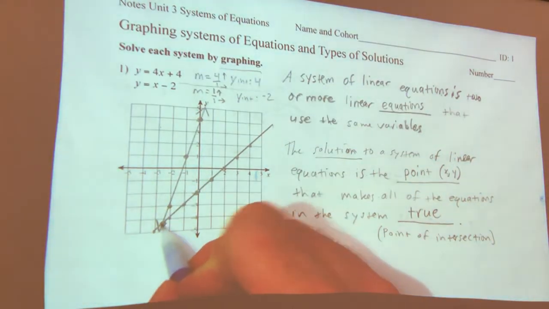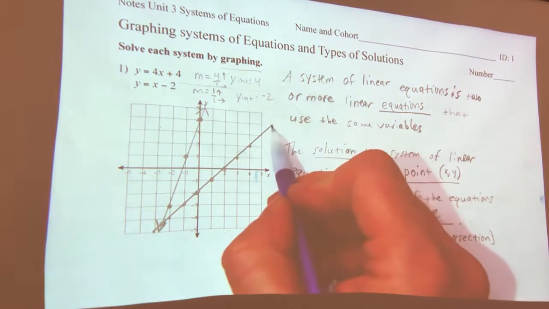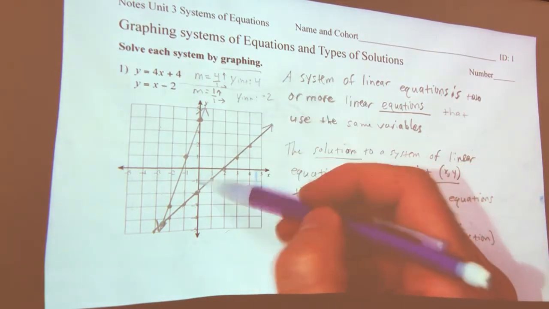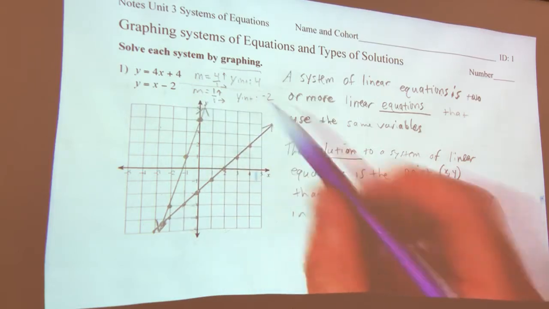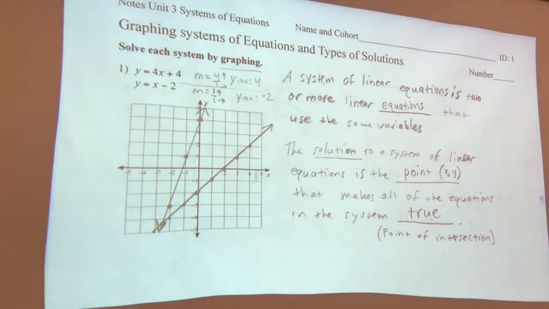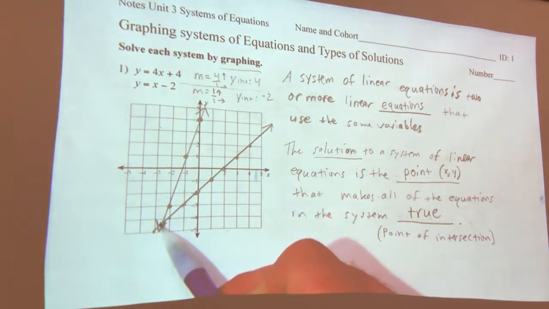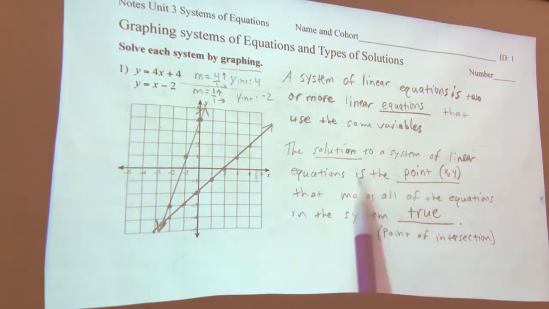So this point right here is our solution. Okay, so this point is the solution, right? It's the point that makes both of them true.